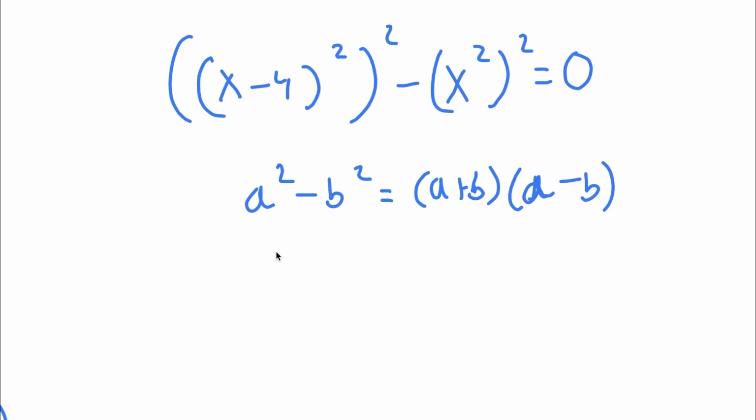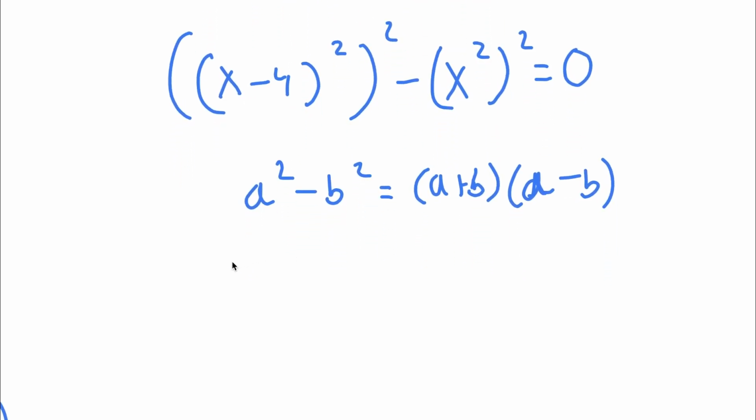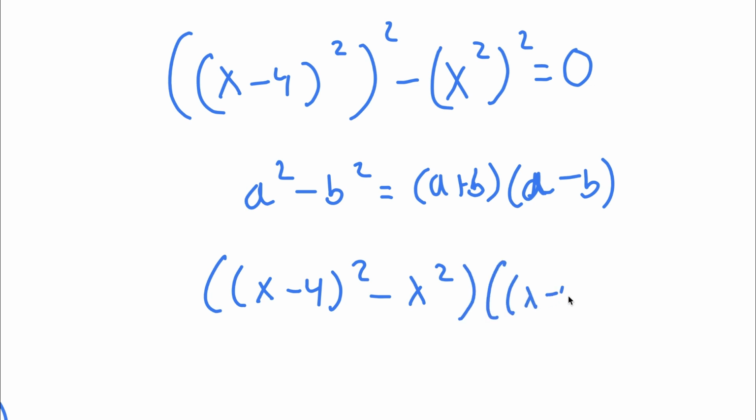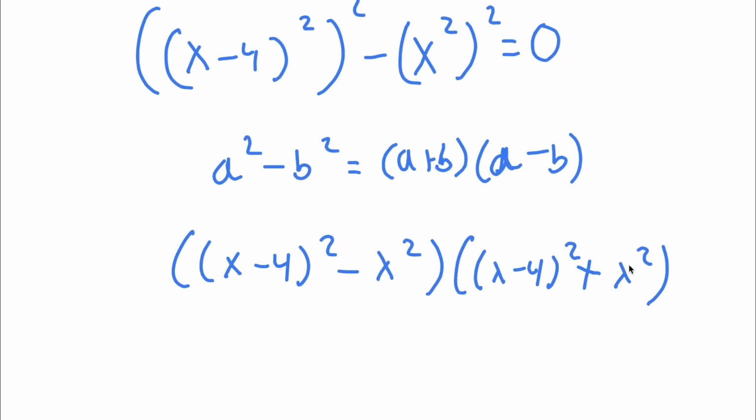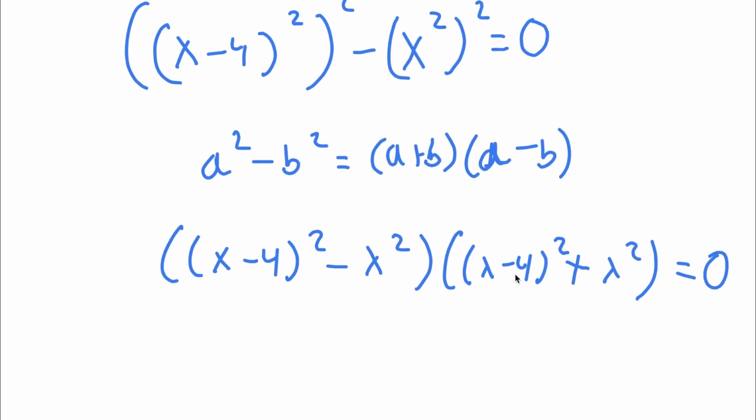So in this case, I can rewrite this as ((x − 4)^2 − x^2) times ((x − 4)^2 + x^2), and this is equal to 0.